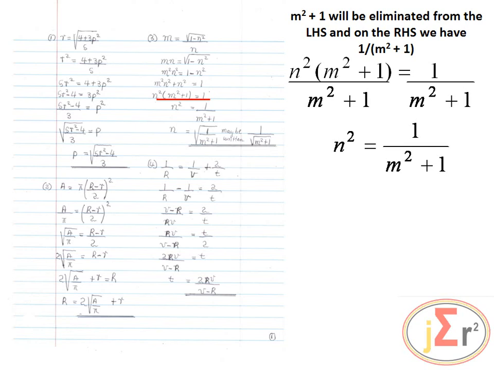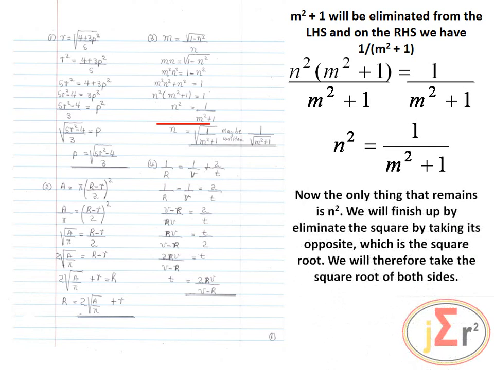Now that we need to eliminate the square here, we need to apply the opposite or the inverse operation, which is square root. So what do we do? As I said before, now that the only thing that remains is n squared, we will finish up by eliminating the square by taking its opposite, which is the square root.